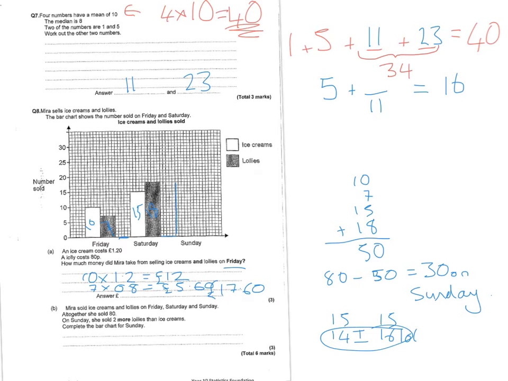That is going to be 14, and the width of the bars is 5. And this one's going to be 16, and again the width is 5. Colour in the lollies. I'm really sorry about that bar chart. It's very difficult to draw on an iPad, but hopefully you get the general idea.